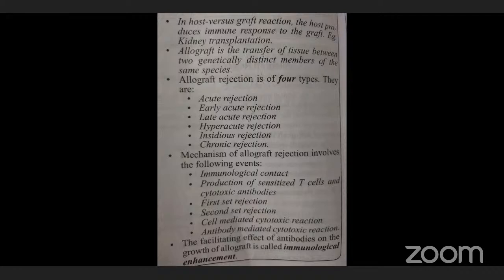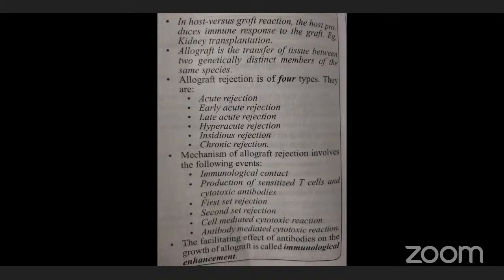So autograft means a tissue of an individual is removed from one place and implanted into another place of the same individual. Clear? That removed organ is placed in another place of the same person, which is called an autograft.